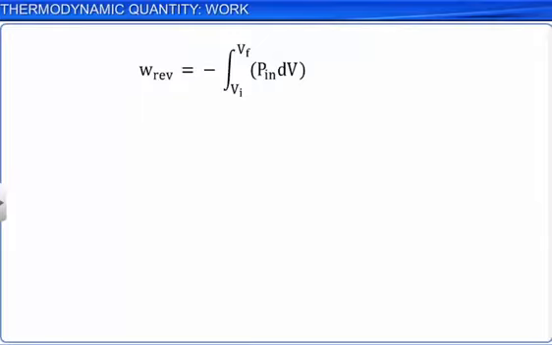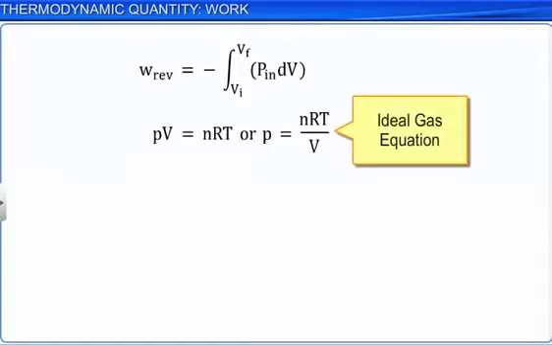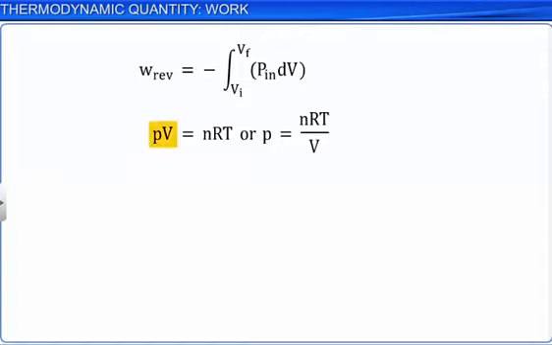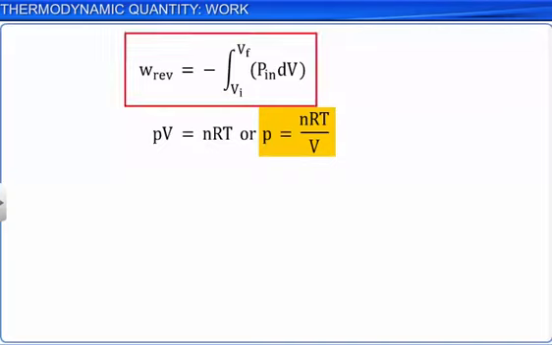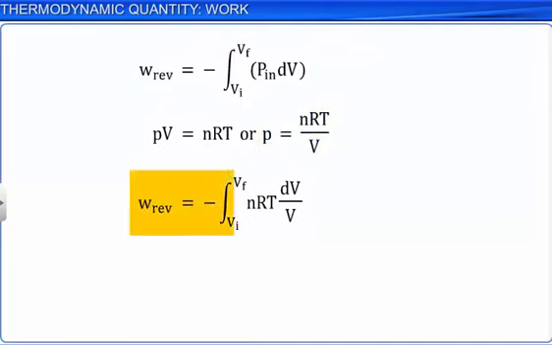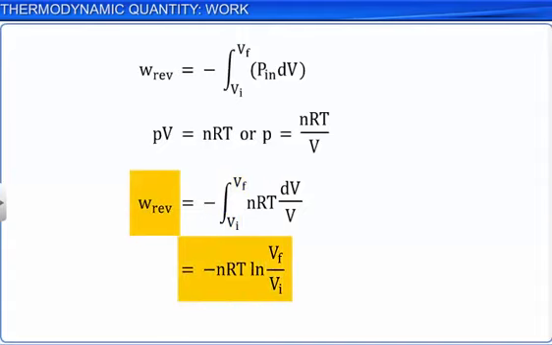Now, if we represent the pressure of the gas P in terms of the ideal gas equation, then we get PV equals nRT or P equals nRT divided by V. On substituting the value of P at constant temperature in the reversible work equation, we get reversible work equals minus the integral of nRT multiplied by the infinitesimal change in volume dV by V. Integrating and applying limits as Vi for initial volume and Vf for final volume, we get reversible work W rev is equal to minus nRT ln final volume Vf divided by initial volume Vi.